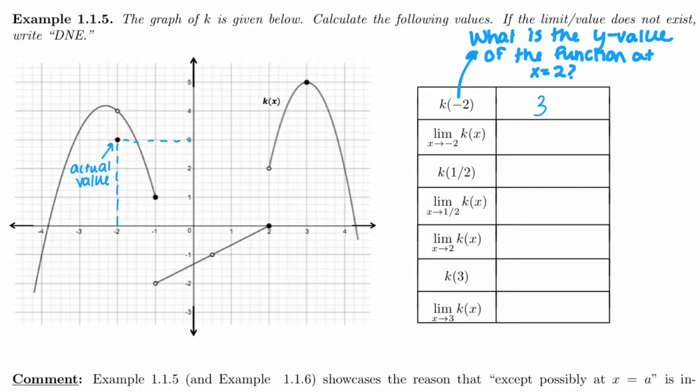Where the question is different, oh, and let me make my little color guide, is when we talk about the limit as x approaches -2. So when I talk about this, I'm trying to think of how I want to do this. We'll just do it this way.